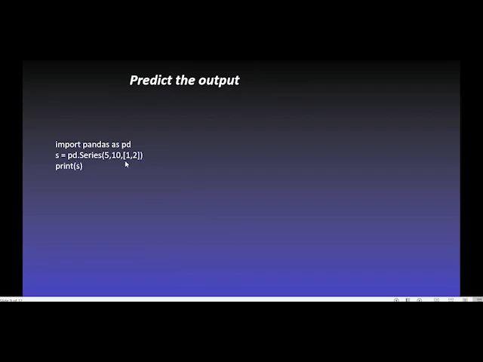Predict the output of this. Here import pandas as pd, s equal pd.Series(5, 10). We have 2 values here and index 1, 2. So, what will be the output? Is it 1, 5 and 2, 10? No, we can pass only a single value here. Whether it should be a scalar value or it can be a collection also like a list, but only a single value.